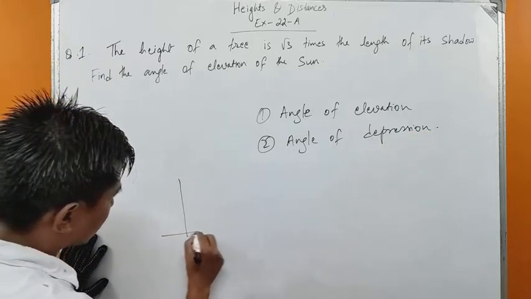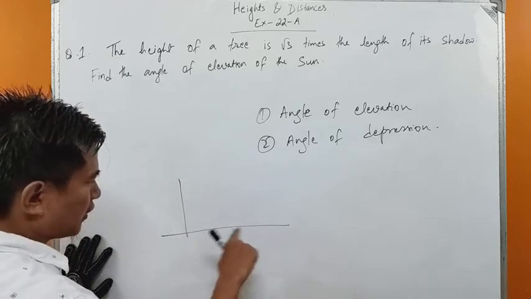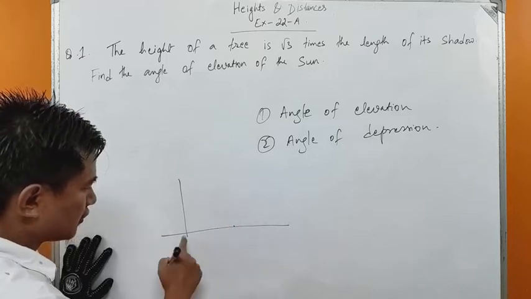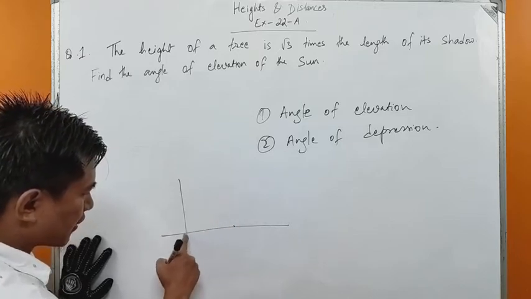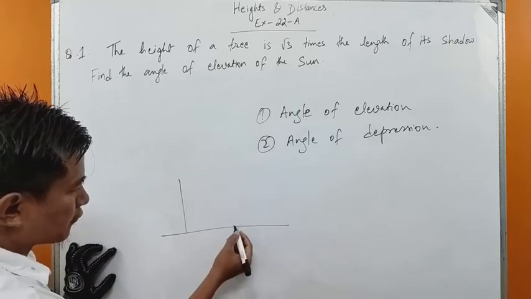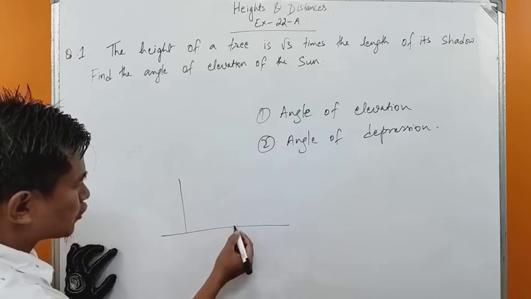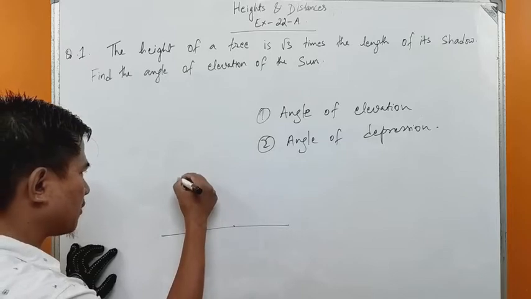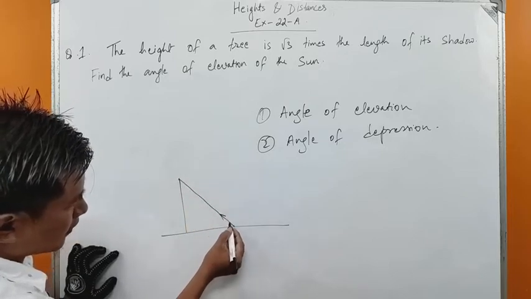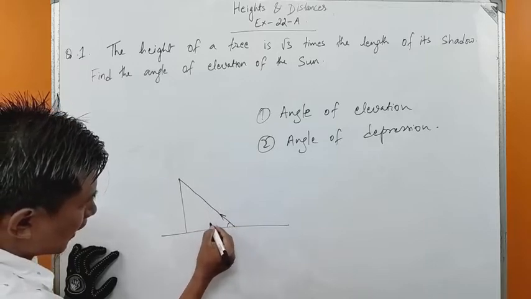Suppose this is a tower or a lamp post, and this is the ground. If you are observing from the ground, which is in line with the base of this tower, the foot of this tower, and you are looking at the top of the tower, the angle that you make with the baseline is called angle of elevation.